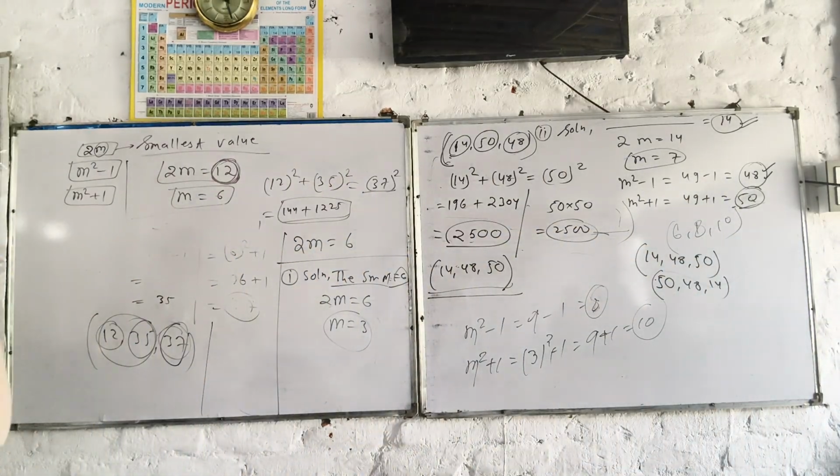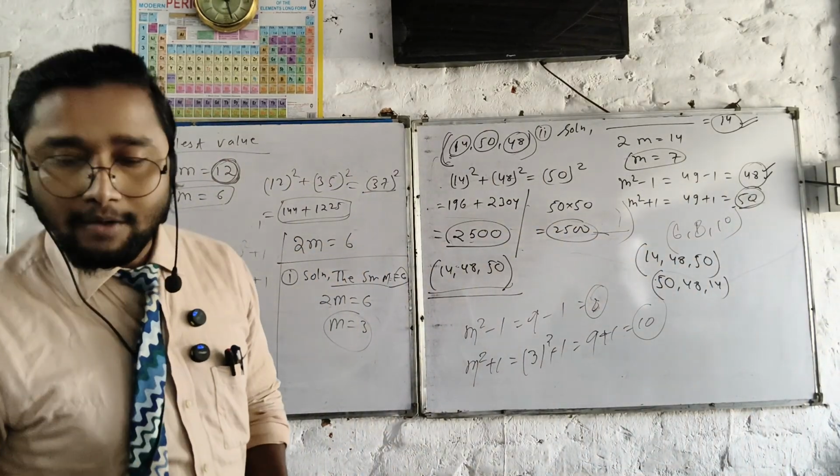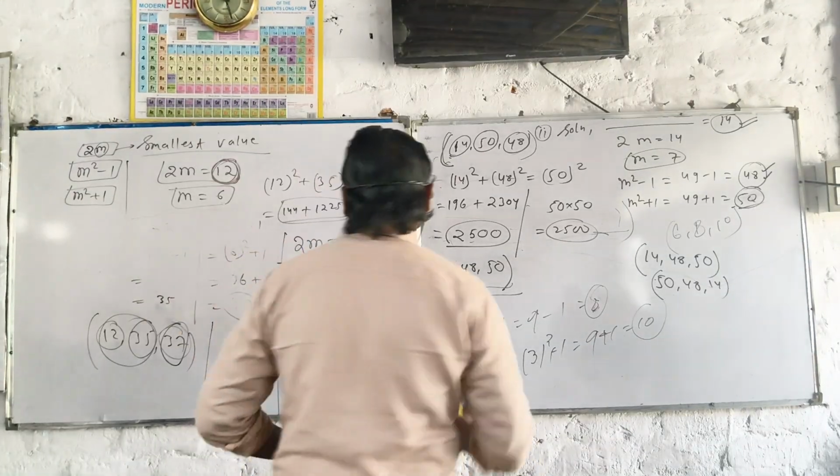Now, this time, property 11, let's take it one by one, just like a child, okay?